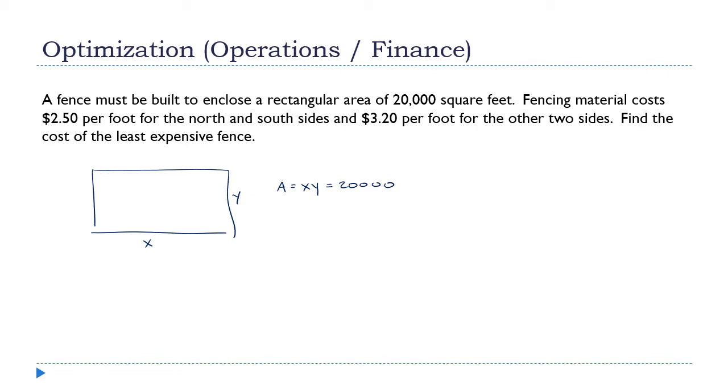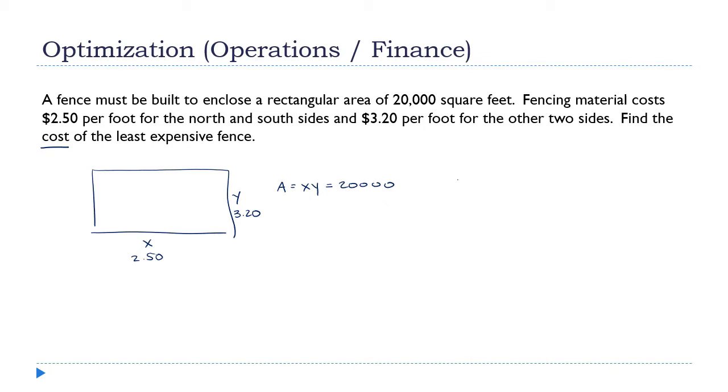All right, so I know how much the fencing costs. It's $250 per foot for the north-south side and $320 per foot for the other two sides. And I want to find the cost of the least expensive fence. So I'm trying to minimize the cost. So I need a cost function.